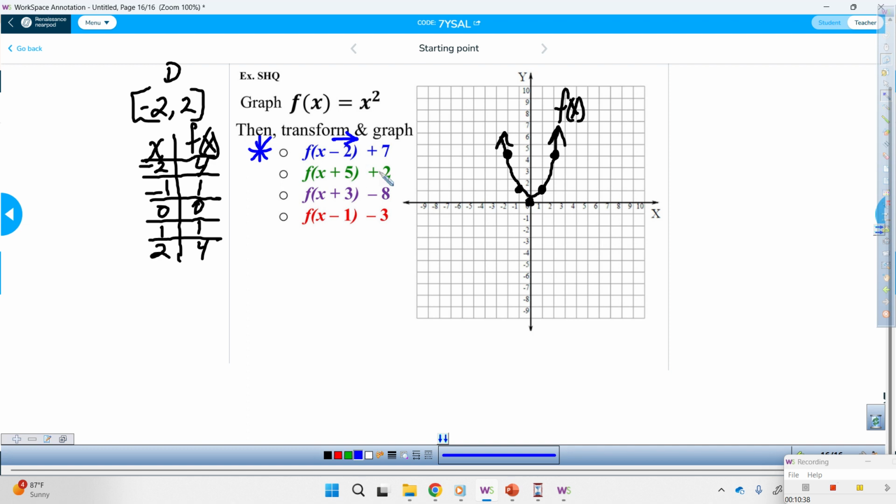To the right, and then up 7. Hands if you got to the right and up 7. That is correct. So I'm going to move this point. Look up. I'm moving 0, 0 first, 2 steps to the right and 7 up, because it's easier to place the other 2 points right above it. And the other 2 points, let's see, 1, 2, 3, 4. And that is our g of x.